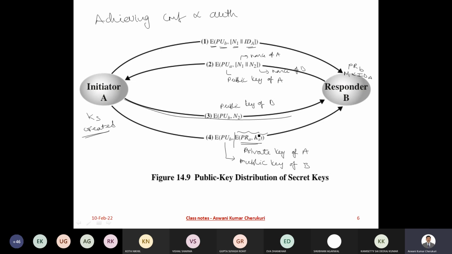Now this piece is encrypted with the private key of A, which means it has to be decrypted with the public key of A. So B uses the public key of A and decrypts the message. Once B decrypts the message, B gets the session key.